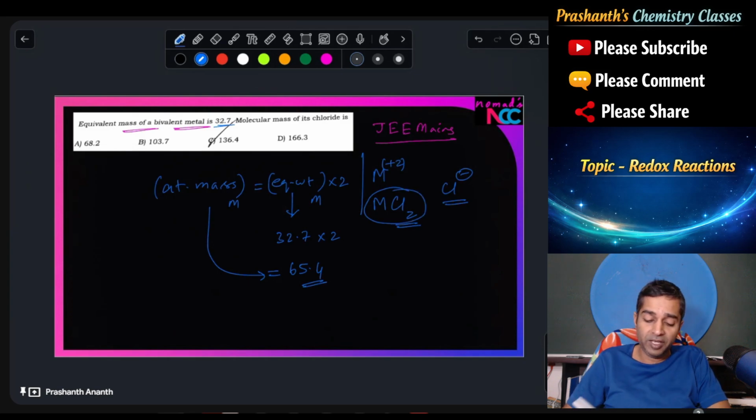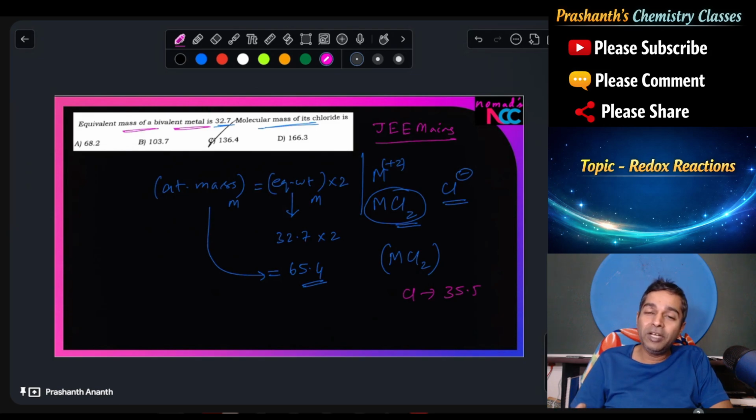So what should be the molecular mass of its chloride? That is what is asked over here. So when you're looking at the molecular mass of the chloride in this particular case, it is going to be MCl2 formula wise, right? So if I have to add the values up, what do I have now? Each chlorine atom is going to be having mass as, what is the value? 35.5, correct?